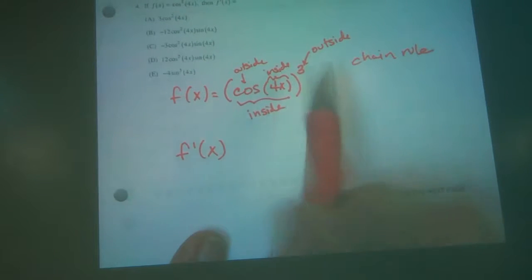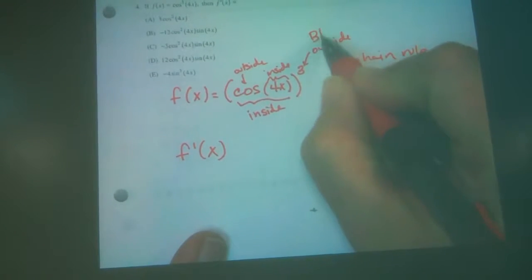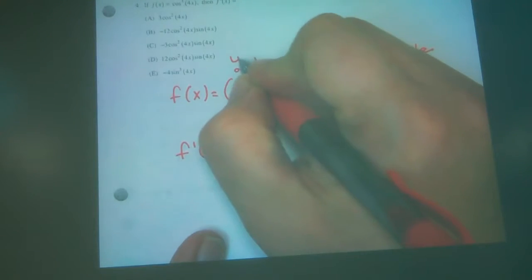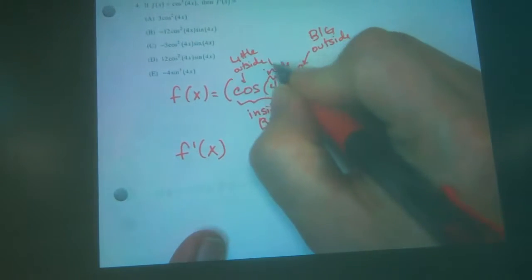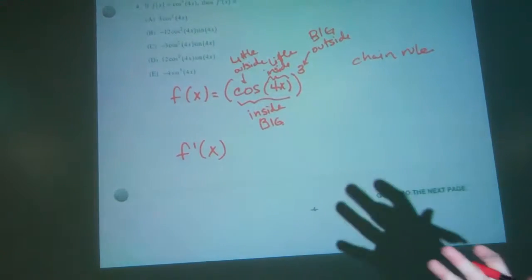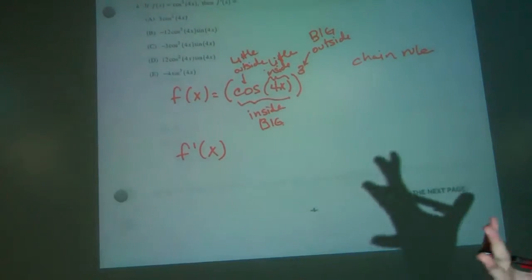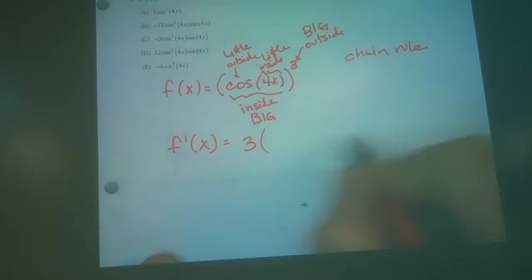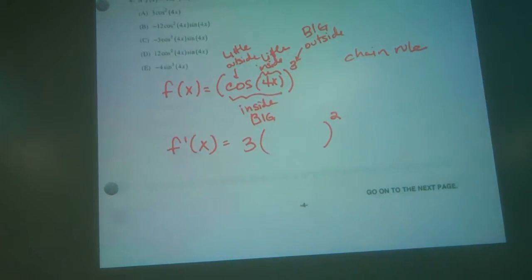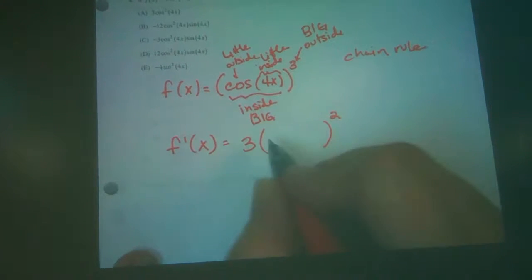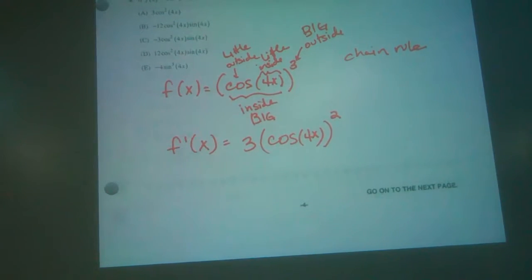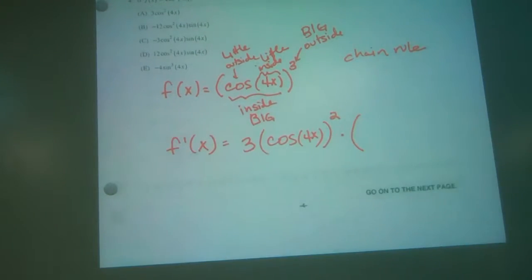So I'm going to call this the big outside, and the big inside, and then the little outside, and the little inside. So the big outside, like the overall big function, is a cube function. So we bring the 3 down to the front, change it to a 2, leave the inside alone. Then we have to multiply by the derivative of the big inside.